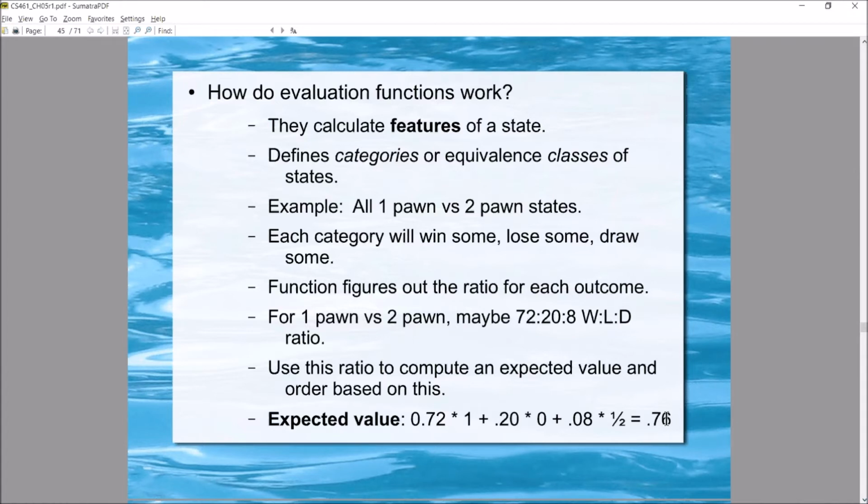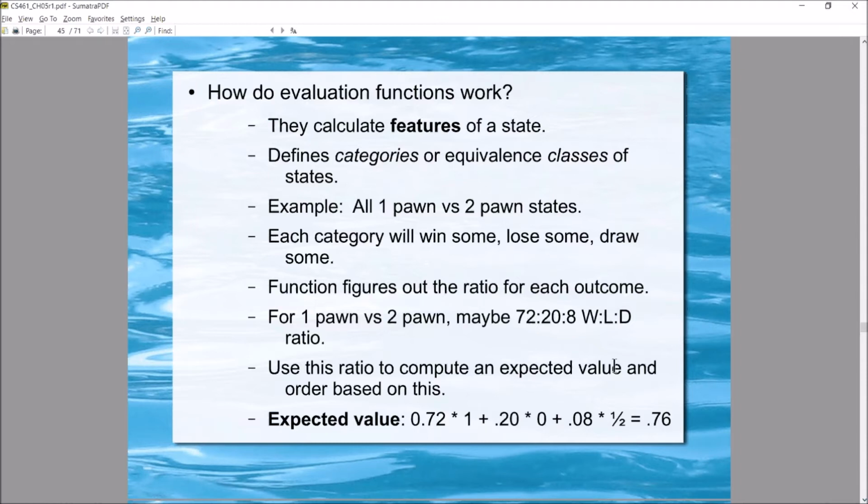A tie is worth a half. So 72 wins times 1 point for a win, plus 20 losses times 0 points for a loss, plus 8 draws times half a point. If you add those things up, you get 0.76.